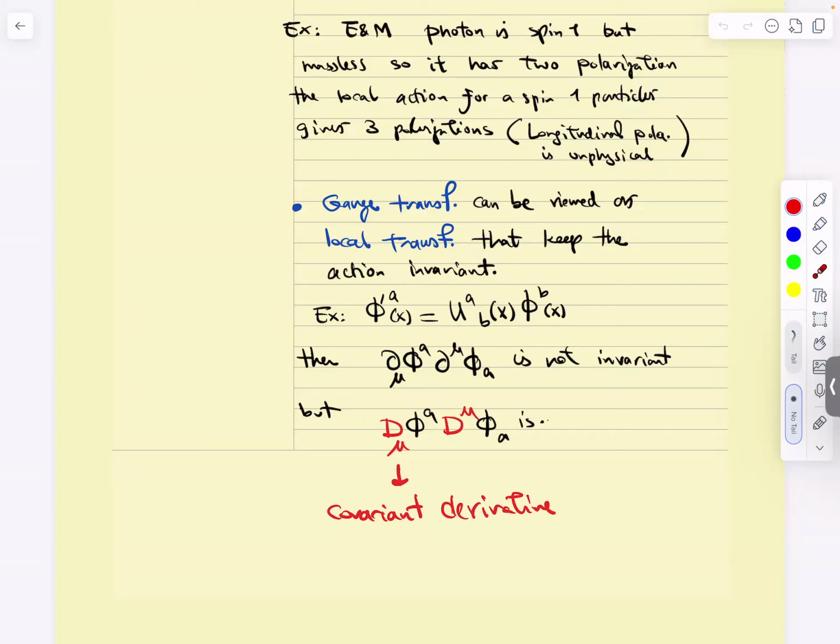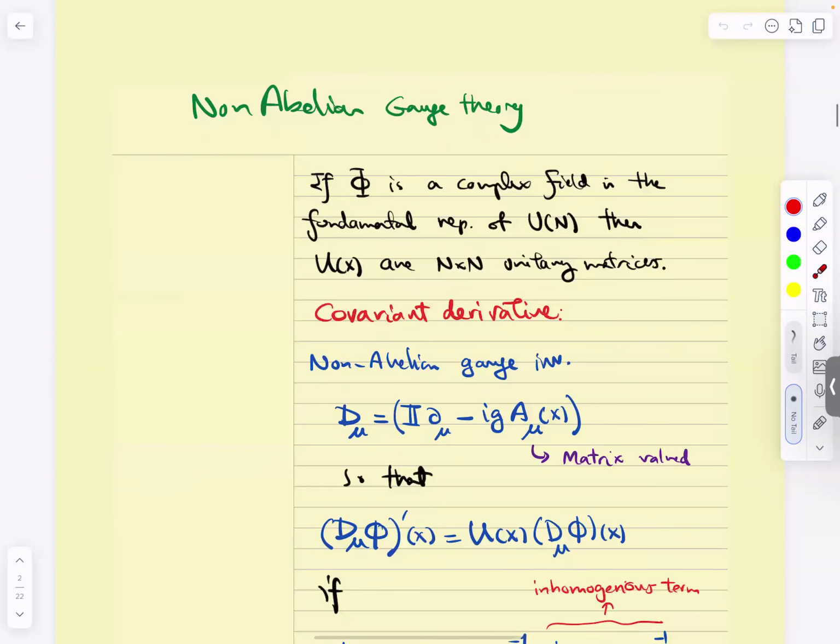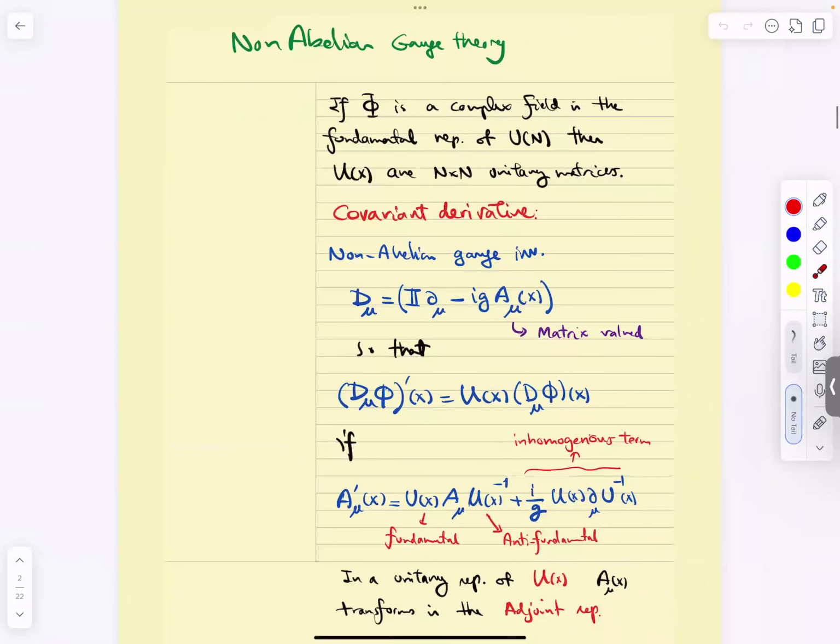And we're representing it with a matrix. Then the first issue that comes up is that del mu, the conventional kinetic term, is not invariant. The reason is that the derivatives will act on the position-dependent transformations, and that will give you extra terms. We said that a way to fix this is to upgrade this to what we call the covariant derivative. And that is how the story of gauge theory goes.